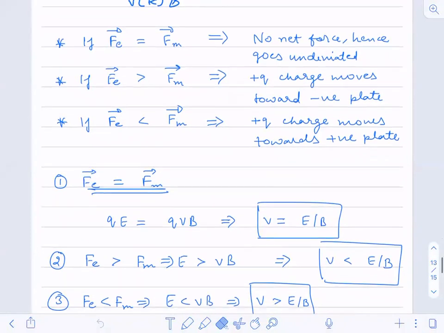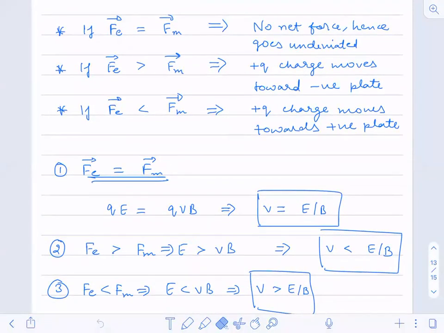We came to the conclusion that if the force due to the electric field and the force due to the magnetic field are equal, then the velocity equals the electric field value divided by the magnetic field value, v = E/B. Similarly, if Fe is greater than Fm, then the velocity is less than E by B. And if Fe is less than Fm, then the velocity is greater than E by B.